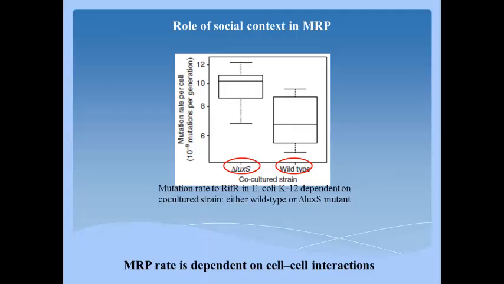This confirms the action of luxS via cell-cell interaction and thus the activation via the methyl cycle. Taken together, it is clear that MRP is dependent upon the social environment provided by luxS-dependent processes.